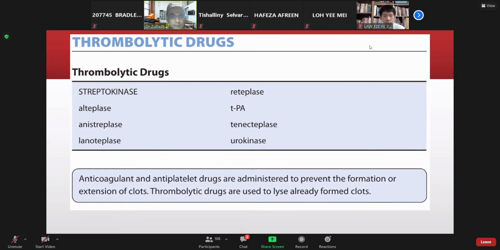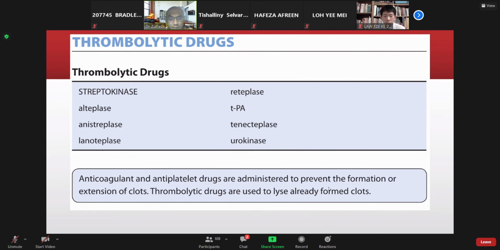So this table shows you the summary of the thrombolytic drugs. Anticoagulant and antiplatelet drugs are administered to prevent the formation or extension of clots. Thrombolytic drugs are used to lyse already formed clots.